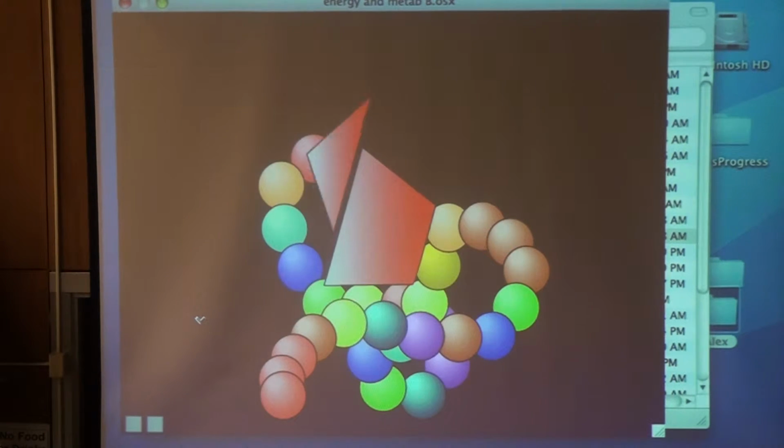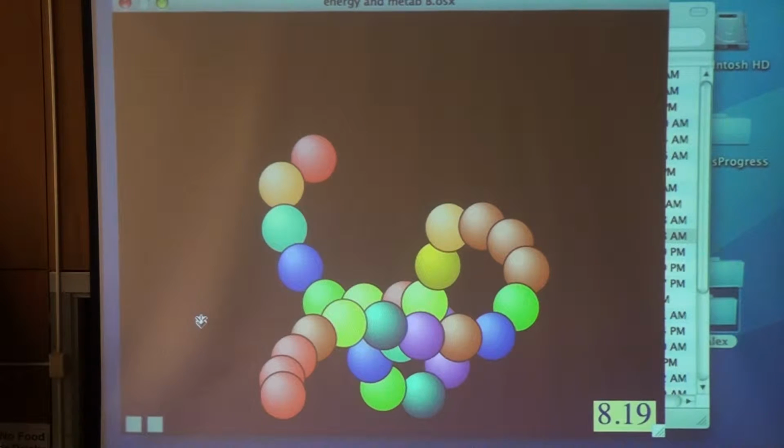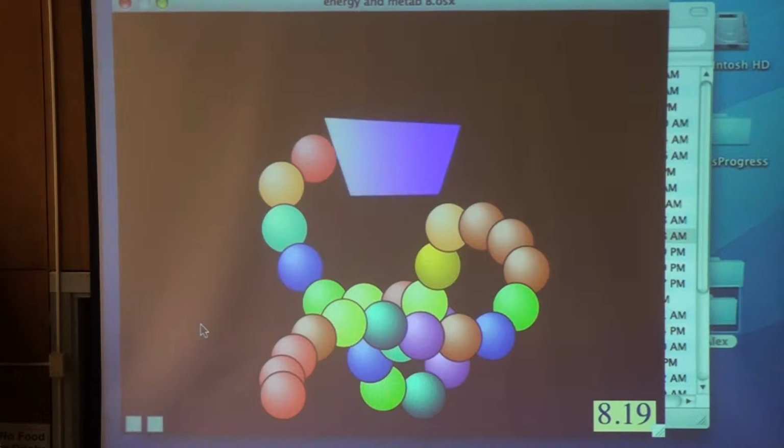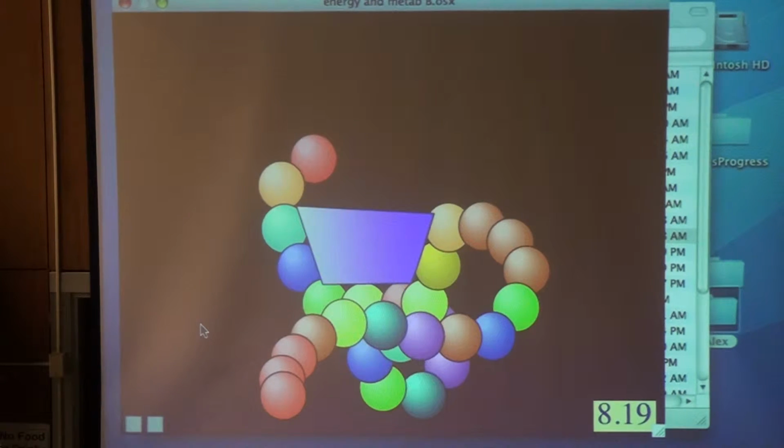A competitive inhibitor is this. A competitive inhibitor is a molecule that's shaped similarly to the enzyme substrate, but is not the enzyme substrate. But it's similar enough in shape that it can plug into the enzyme's active site. Click like that.